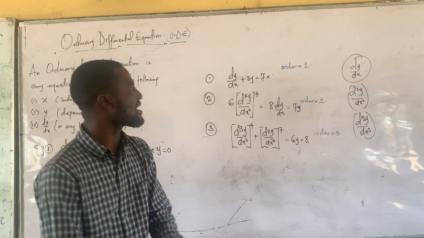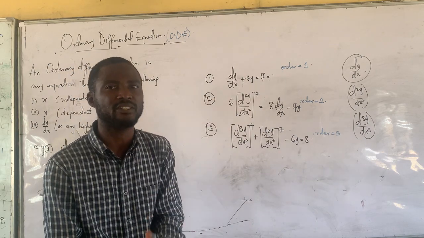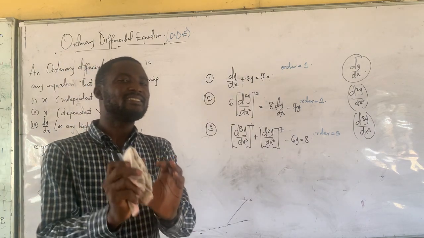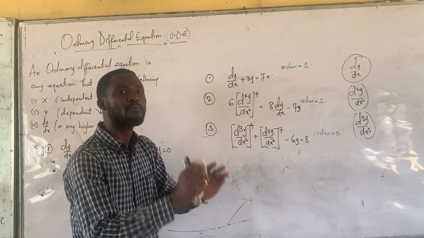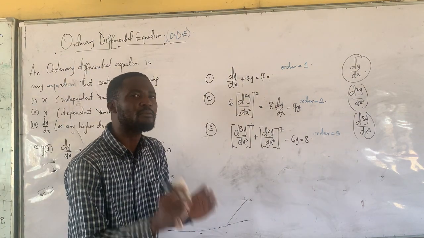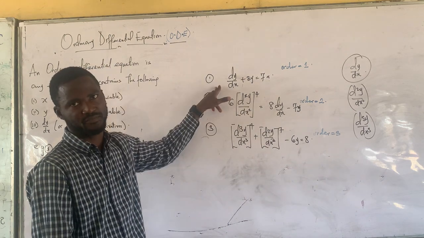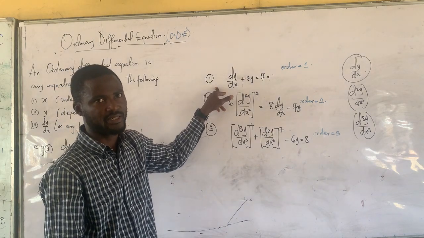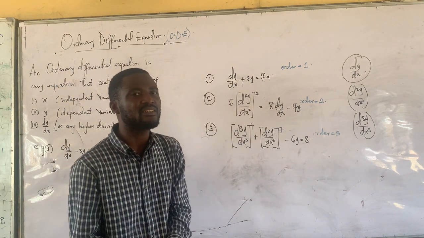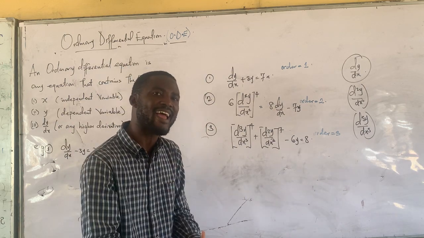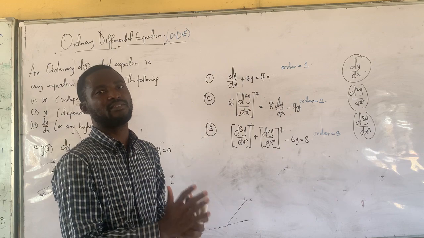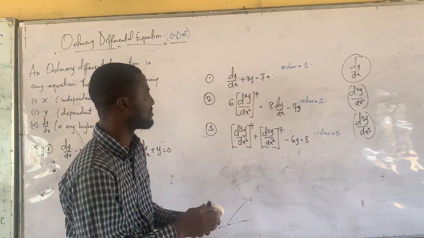Now, if you are asked to find the degree of a differential equation, the degree of any differential equation is the index, is the power of the order in that differential equation. Let me say it again. The degree of any differential equation is the power, the index of the order of that differential equation. This is what I'm saying.